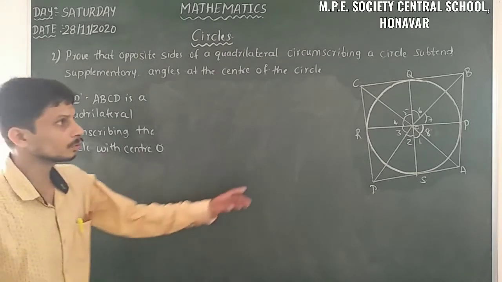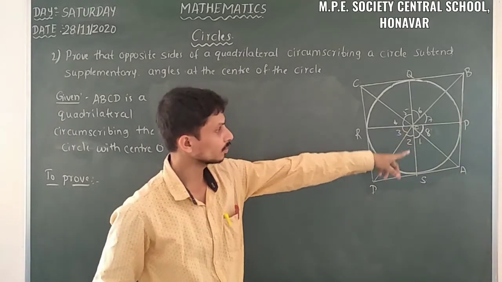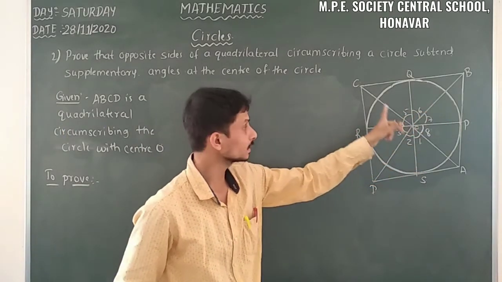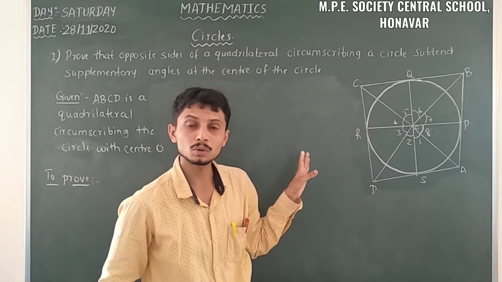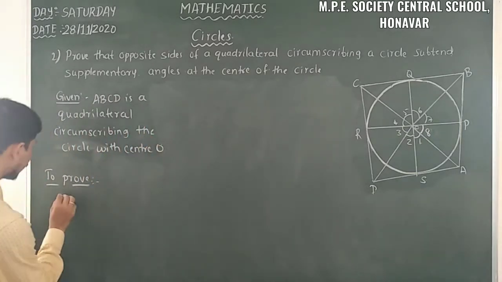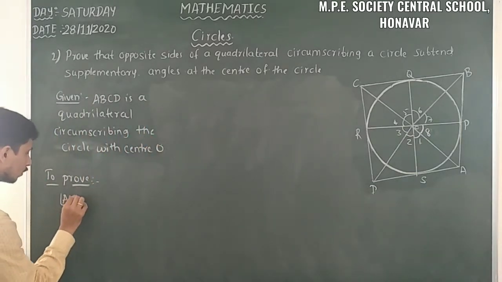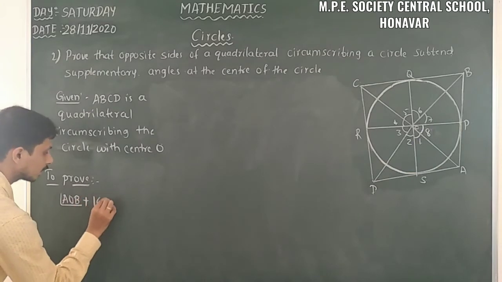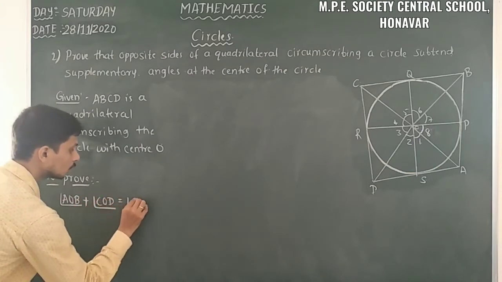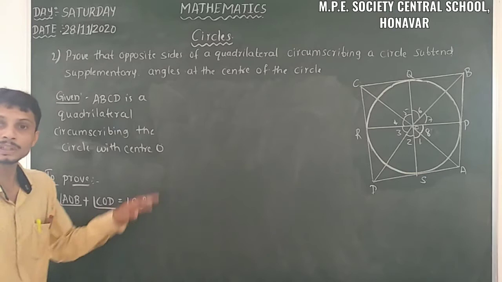Firstly we have to take angle AOB plus angle COD is equal to 180 degrees. We have to prove this.